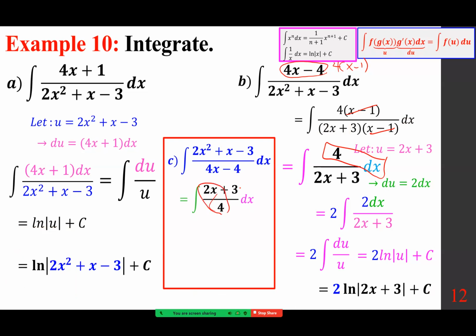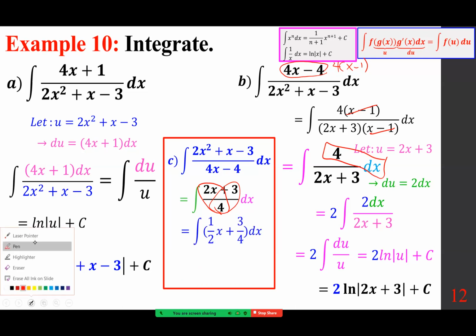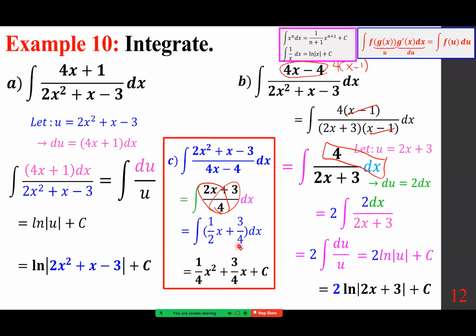This is half of x. This is 3/4. And those are easy integrations. Half of x gives you half of x squared, which becomes 1/4 of x squared. This gives you 3/4 x and a constant. We are done. So see all three of those questions side by side. It helps to see what's going on.